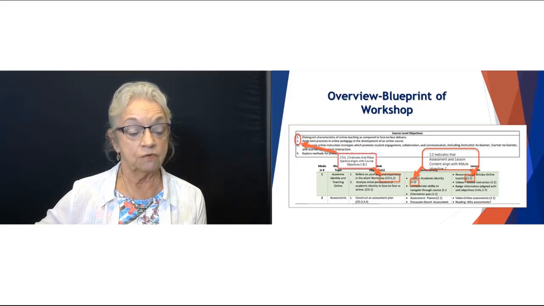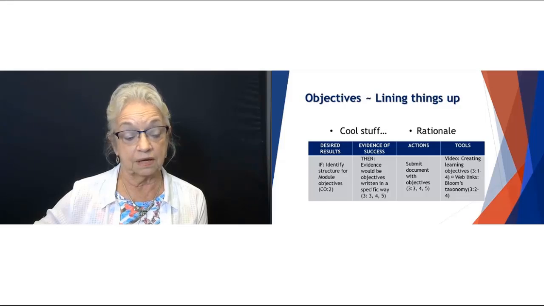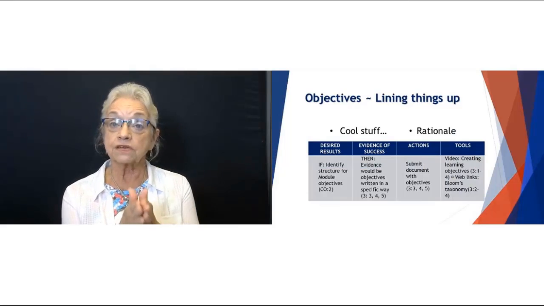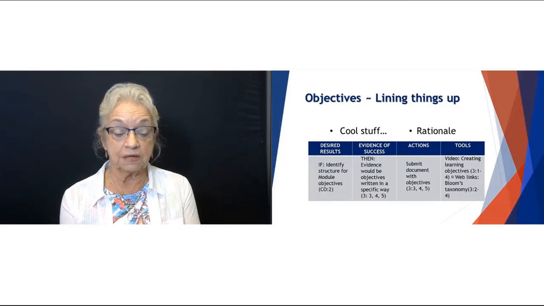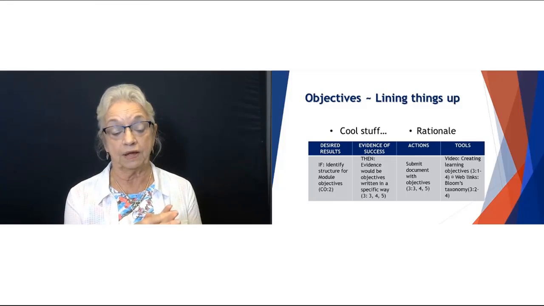So let me take you into the next one, and this is just an example and a way of showing how things lined up. If indeed our desired result, remember, begin with the end in mind, is to identify structure for module objectives, which relates to course level objective number 2, then the evidence is going to be objectives that have been written in a specific way.